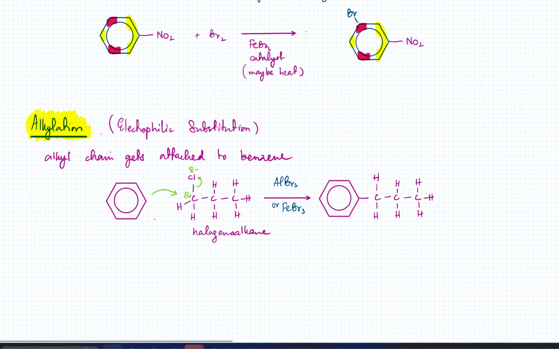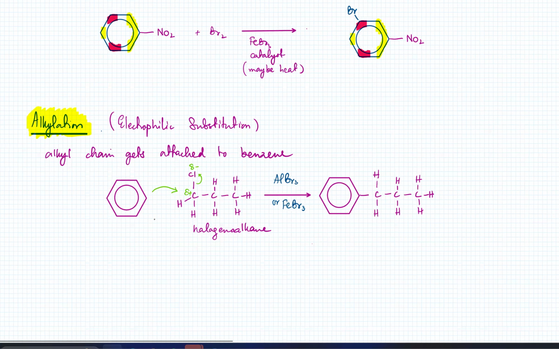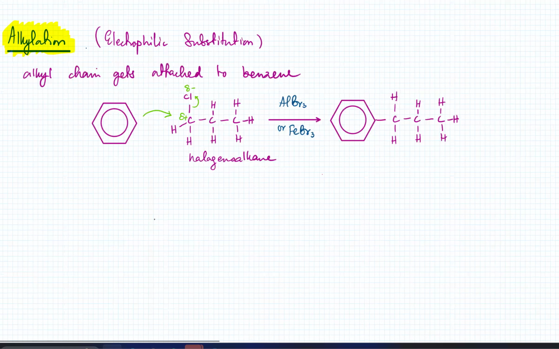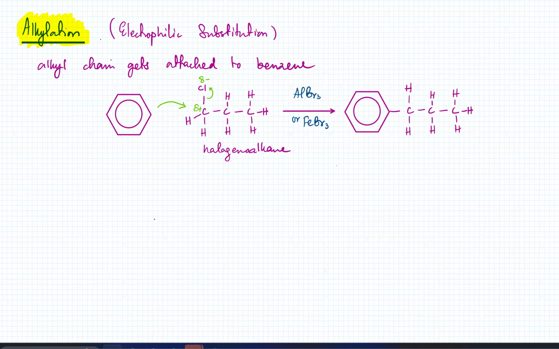And they might as well ask you for the mechanism for this. So I'm going to draw the mechanism for alkylation, which is again electrophilic substitution. It's going to be two steps. In the first step, the electrophile will be generated.